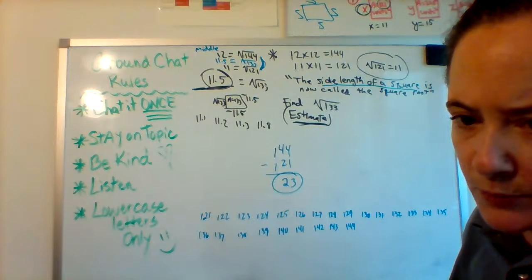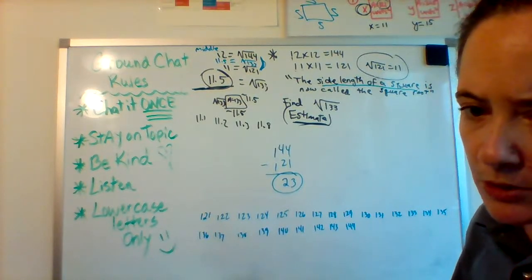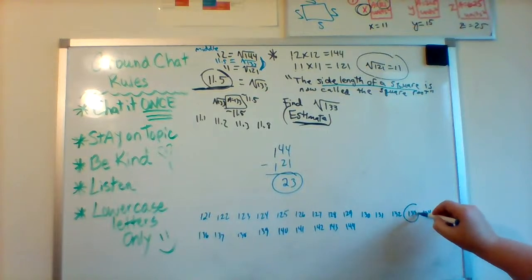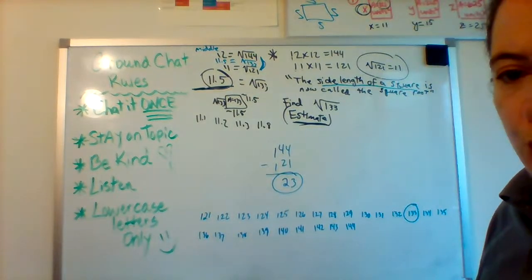Just 4 subtracted by 1 equals 3, which means 133 is in the middle. Okay, let's test it out. Here's 133, and let's see if it's truly in the middle.